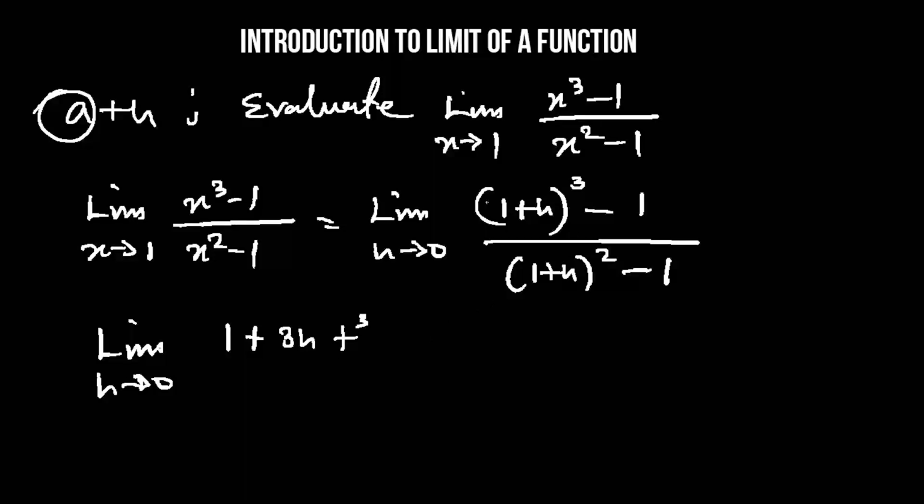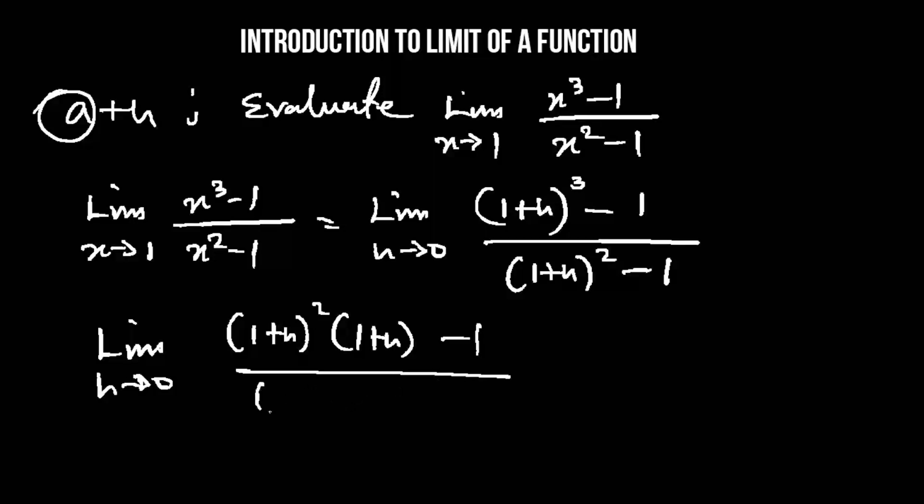Yeah, okay, so that's what we have. But still, let me be sure of what I'm expanding. So we have (1 plus h) all squared plus (1 plus h) minus 1, divided by (1 plus h) all squared minus 1.